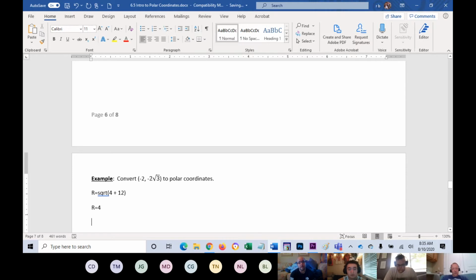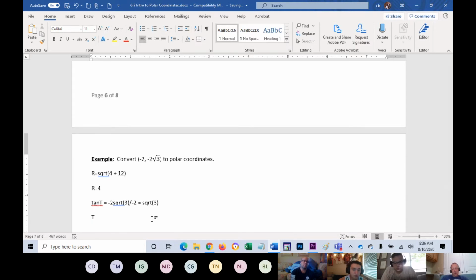Okay. And then after that, you do the tangent of, what was it, y over x. So it would be tangent of -2 square root 3 over -2. Okay, so the -2's will cancel. So this is just going to be the square root of 3. And what's the inverse tangent of the square root of 3? Let's see if I could remember that.